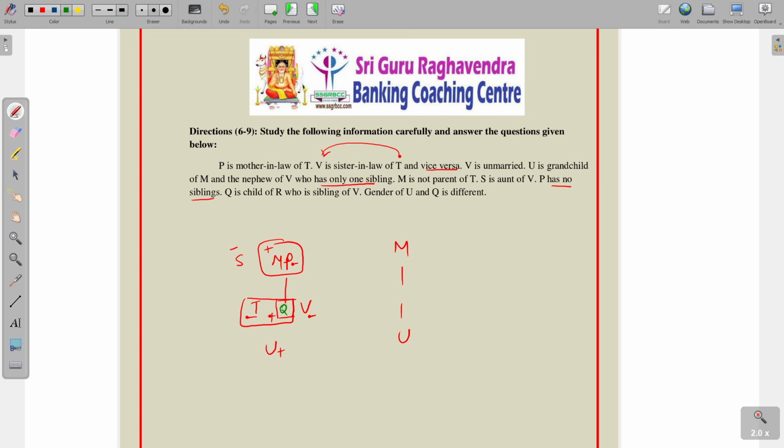S is the sister of M and Q is the child of R. So here it is not Q. Q is the child of R, who is sibling of V. R is the sibling of V. And next, gender of U and Q are different. So see, U is the male candidate, Q is the female candidate. It is the final arrangement of the blood relation.